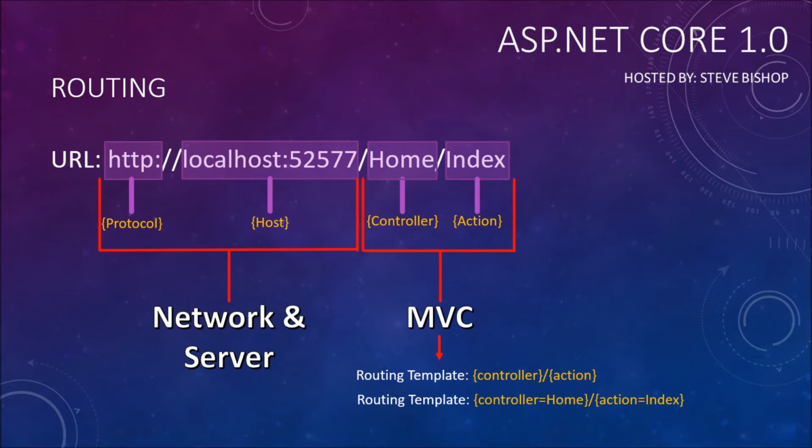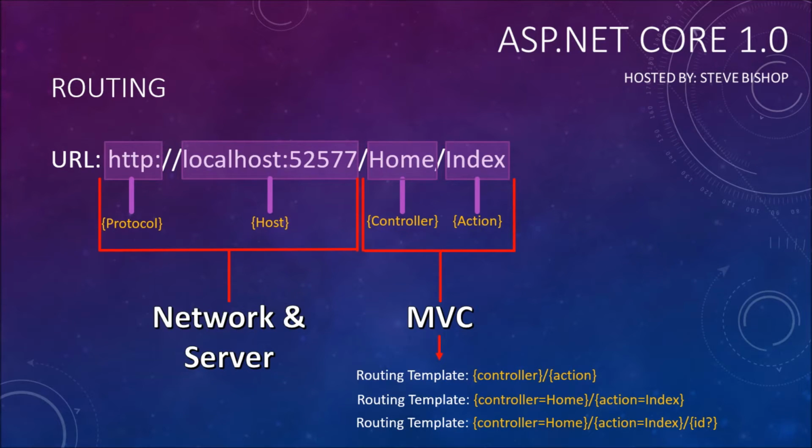Sometimes a user also needs to pass along a parameter as part of a URL, and in that case, we can put, inside curly braces, the name of the parameter that we want to allow the user to have. In this case, we have a question mark after the name ID, indicating that ID is optional. That means the user doesn't have to put a value in for ID in order for the URL to be resolved.